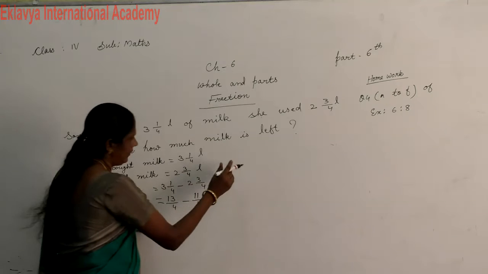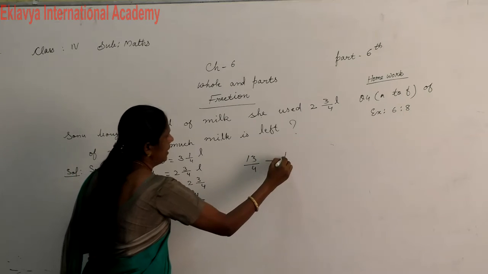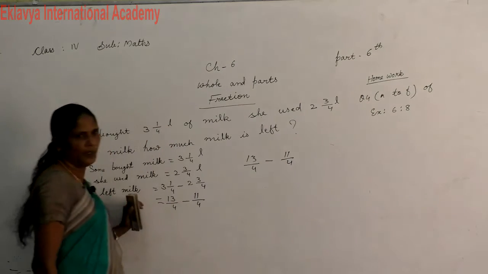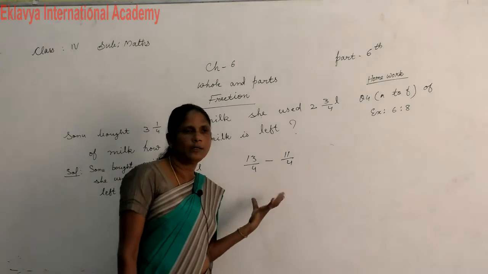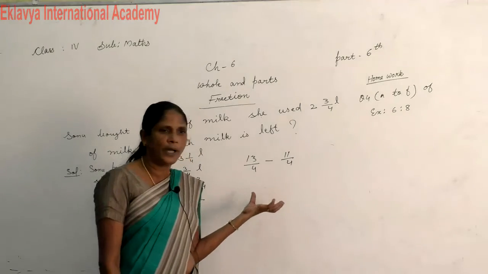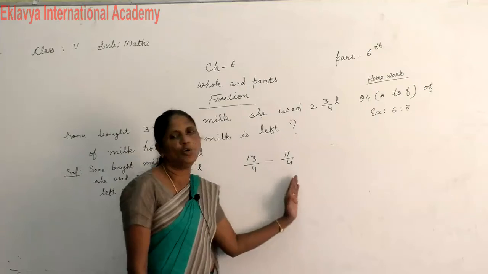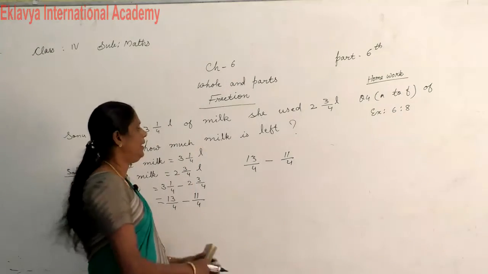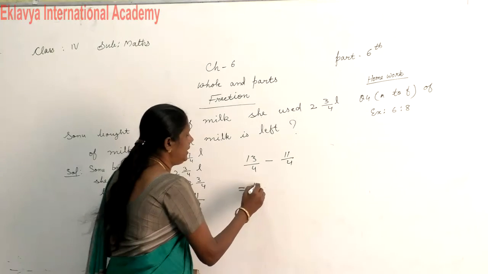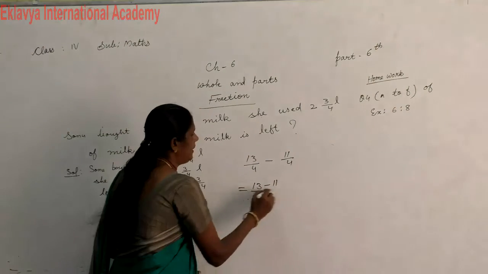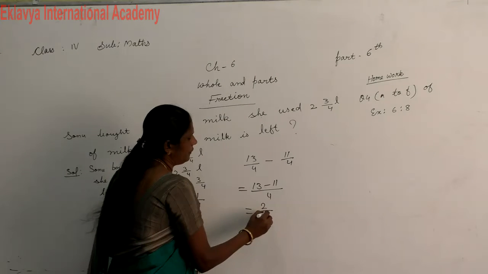Now 13 by 4 minus 11 by 4. Look here, here the denominators are same. Here do you find the LCM? No. Why? Because here the denominators are same. Now we directly subtract 13 minus 11 upon 4 is equal to 2 by 4.